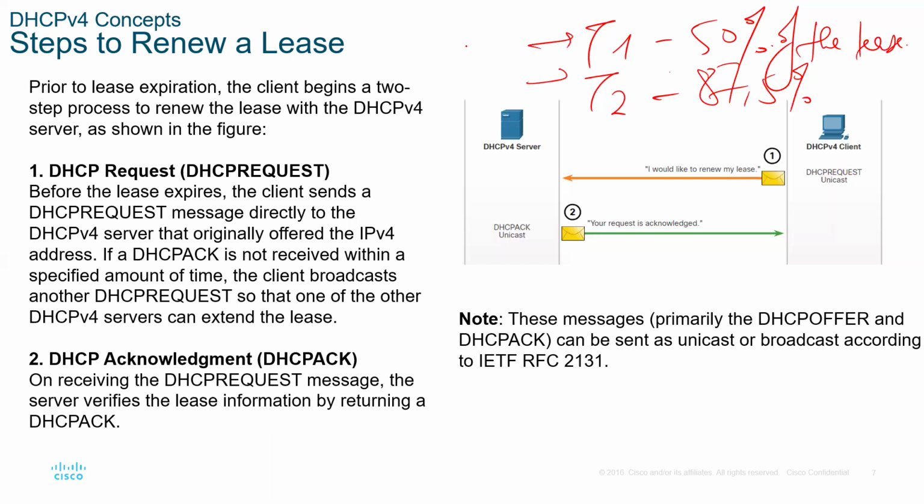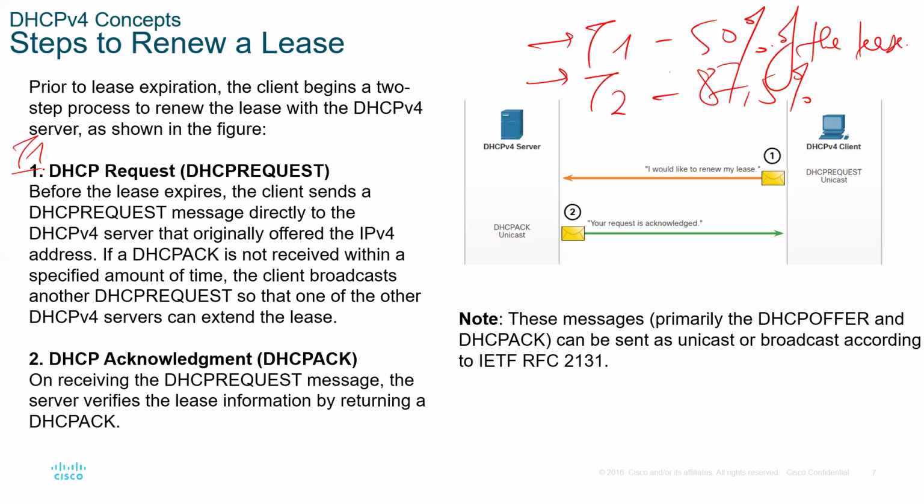Why are these timers important? When we are at T1, that is where our request is sent. We send a request trying to renew the address. So at T1, at 50% of the lease, the host sends a message trying to renew its IP address.